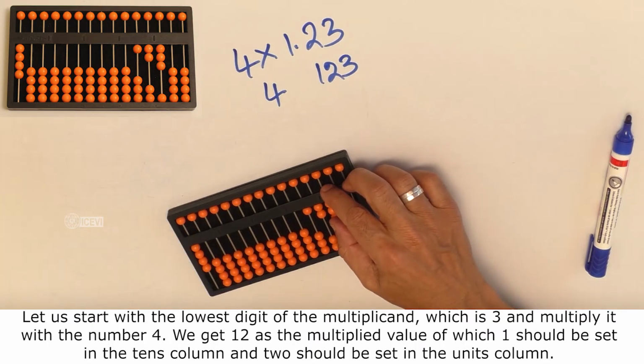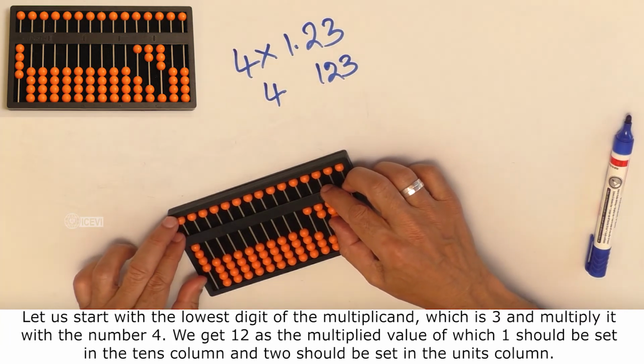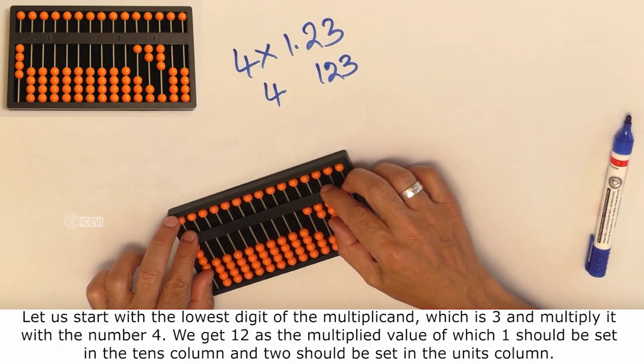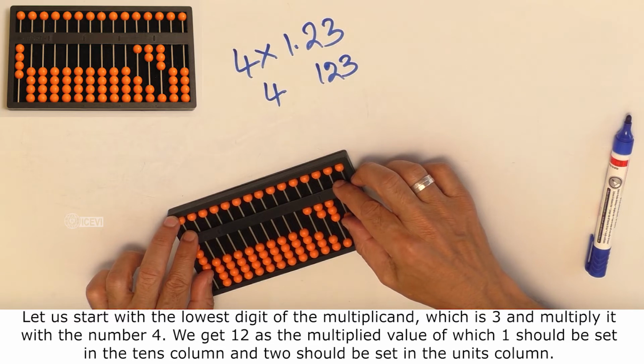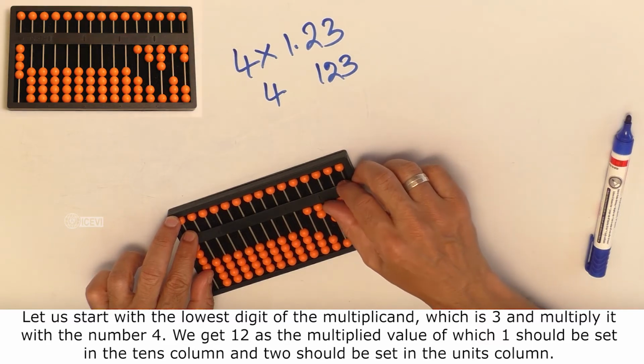Let us start with the lowest digit of the multiplicand, which is 3, and multiply it with the number 4. We get 12 as the multiplied value, of which 1 should be set in the tens column and 2 in the units column.